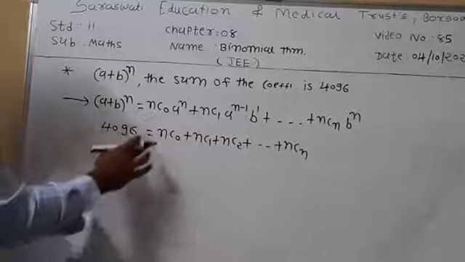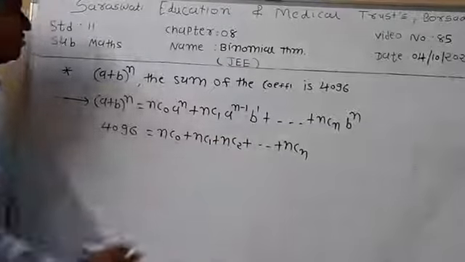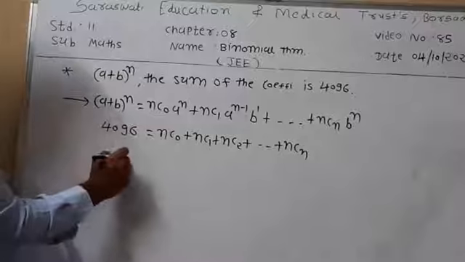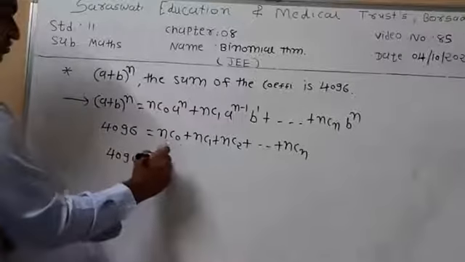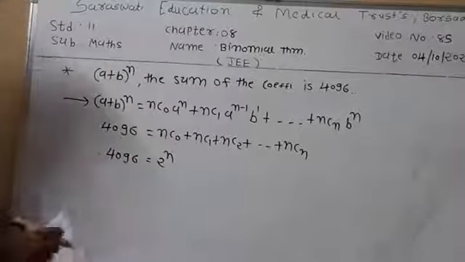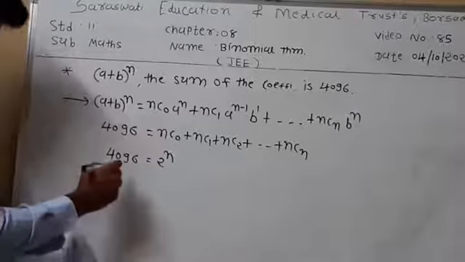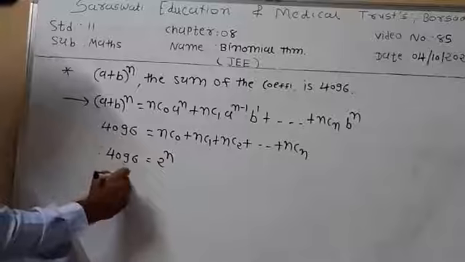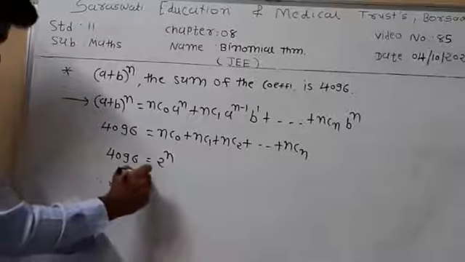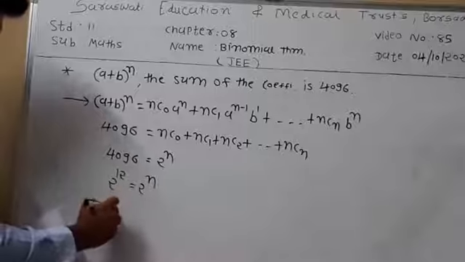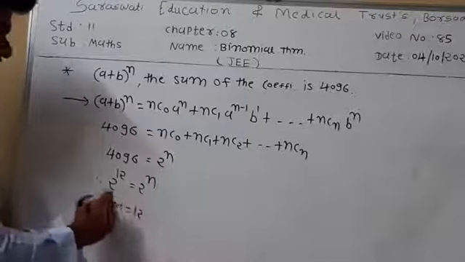Now we know that nC0 plus nC1 plus nC2 and so on is 2 raised to n, so 4096 in place, written 2 raised to 12, is equal to 2 raised to n. So comparing the powers, n is equal to 12.